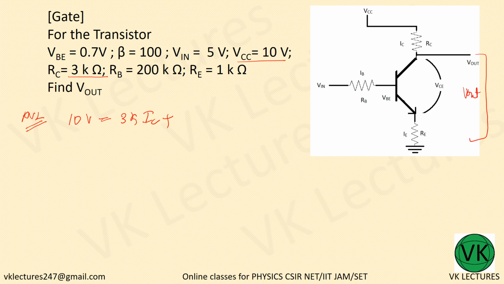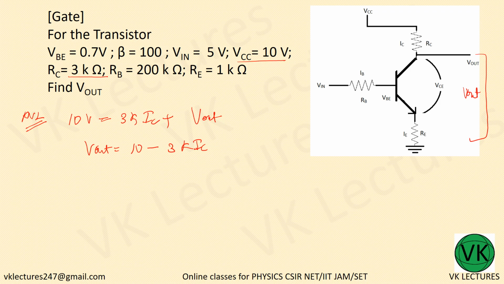So we can write VCC equal to IC into RC plus V out. From that, what is V out? V out is equal to 10 minus 3K into IC. But we don't know what this IC is.